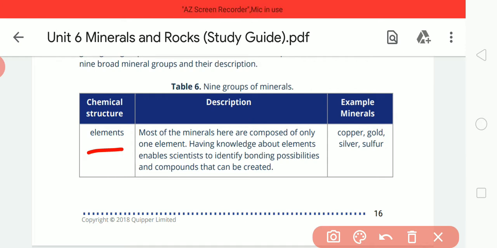For example, aurum, copper, silver, sodium, potassium. So these are examples of elements. Examples of minerals that commonly exist in element form are copper, gold, silver, and sulfur.